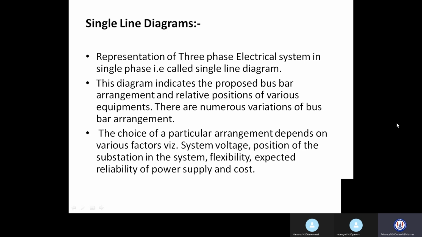So first is serial number, second is voltage level, third is fault current in kiloampere, and fourth is the duration time in seconds. Now serial number 1, voltage level 11 kV, fault current rating 25 kA, duration time 1 second.